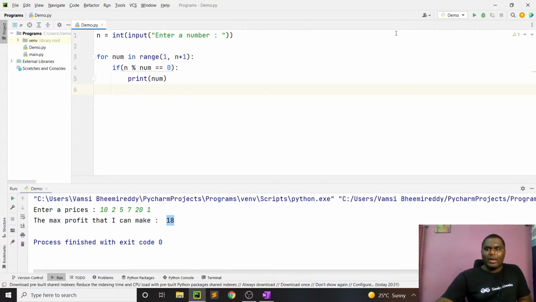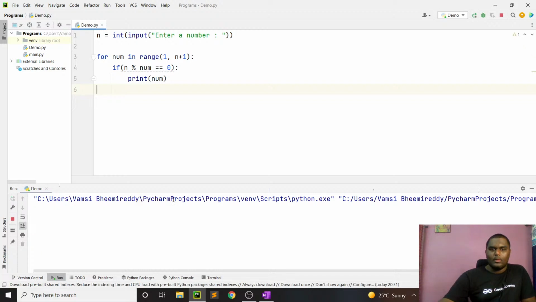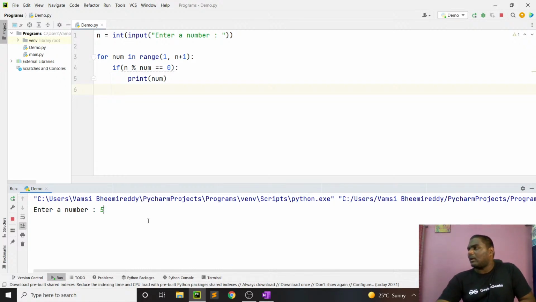Let me know whether you have understood this or not. If I give 5, what are all the divisors? That is 1 and 5, because 5 itself is a prime number, and every prime number has only two divisors: one is 1, another is the number itself. Remember this, we are solving another problem.